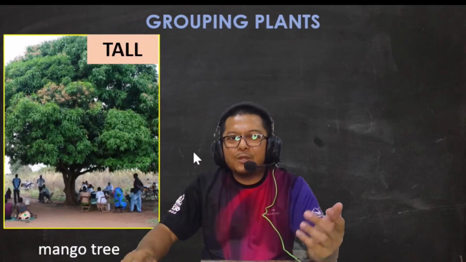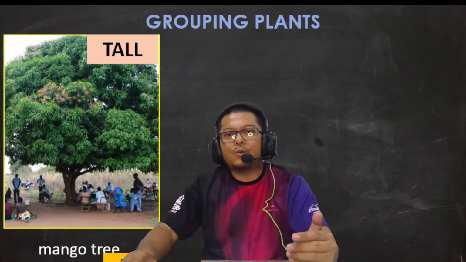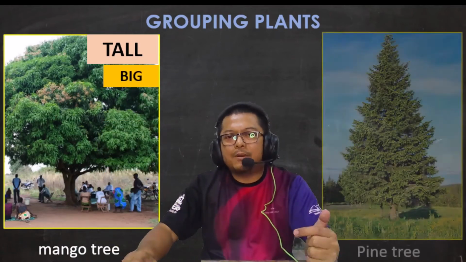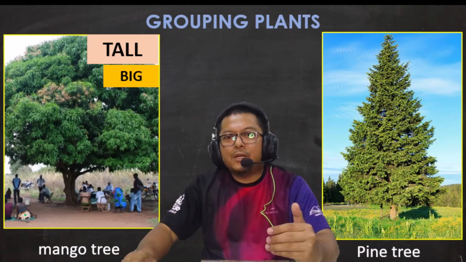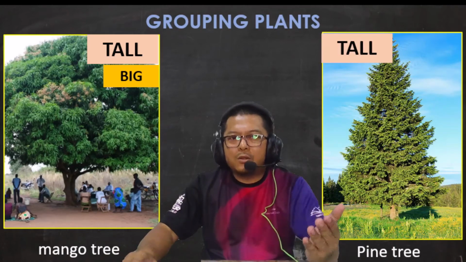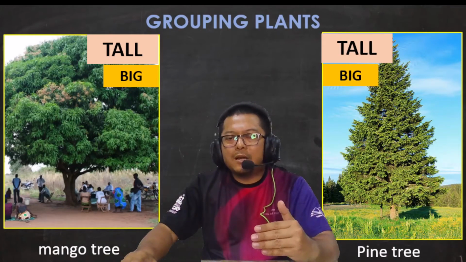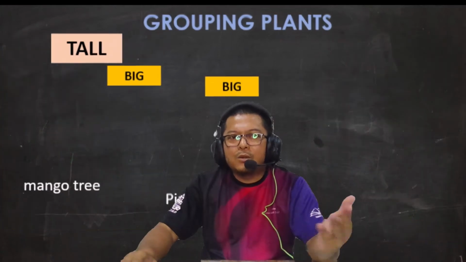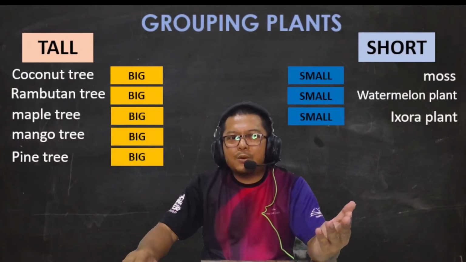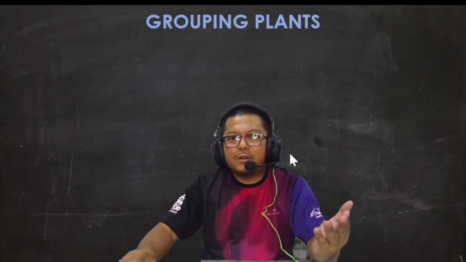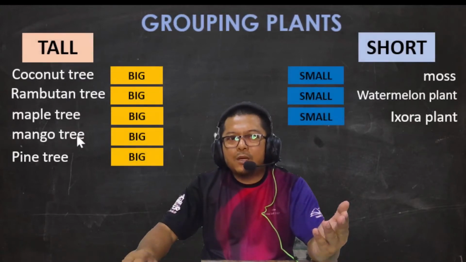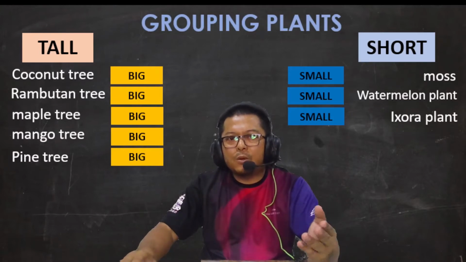Now next plant, mango tree. Obviously, mango tree would be in a tall group and it's a big plant. And pine tree also in the tall group and it's a big plant. So mango tree and pine tree would be here in this tall group.